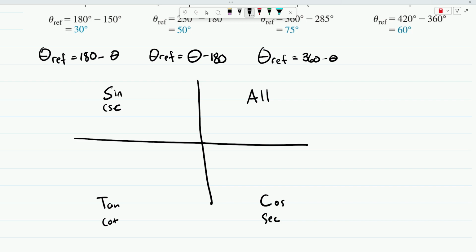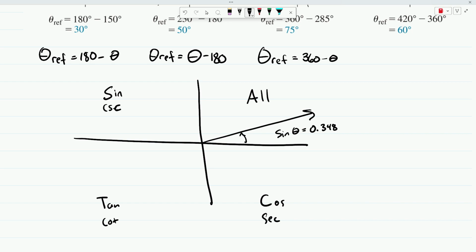Because the thing to remember is, let's say you have an angle that looks something like this, and I want to pick a good number here to prove a point. How about sine theta equals 0.348?